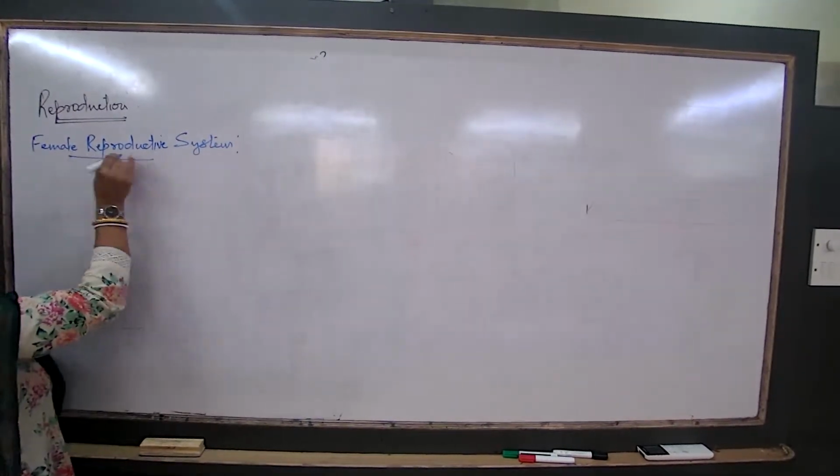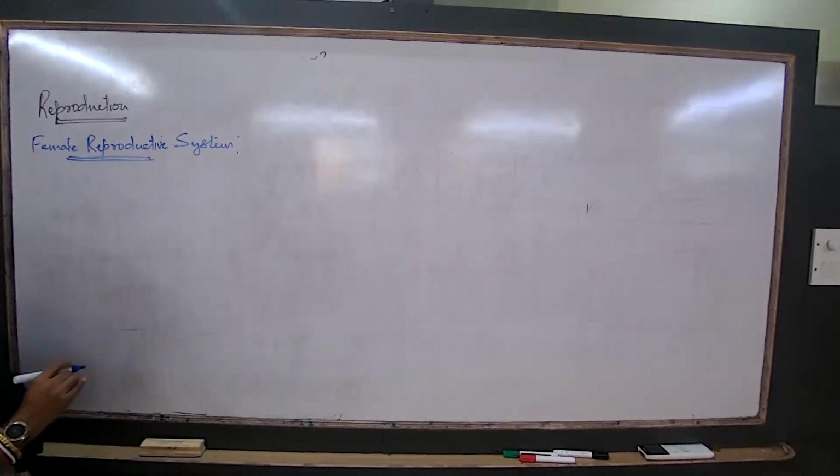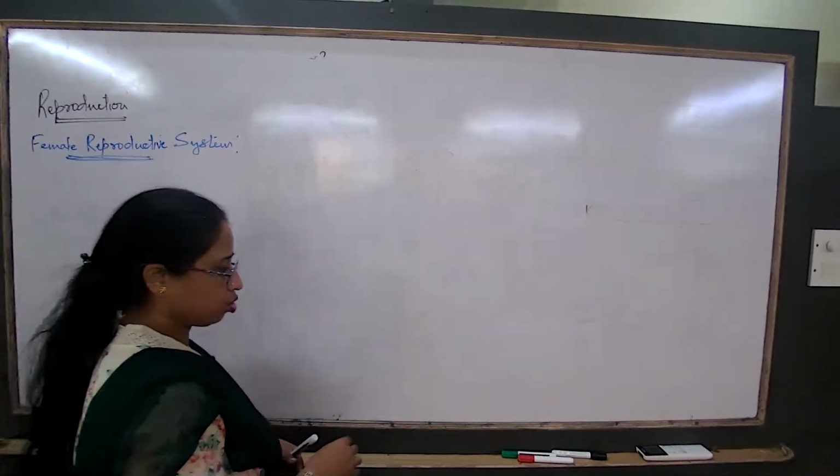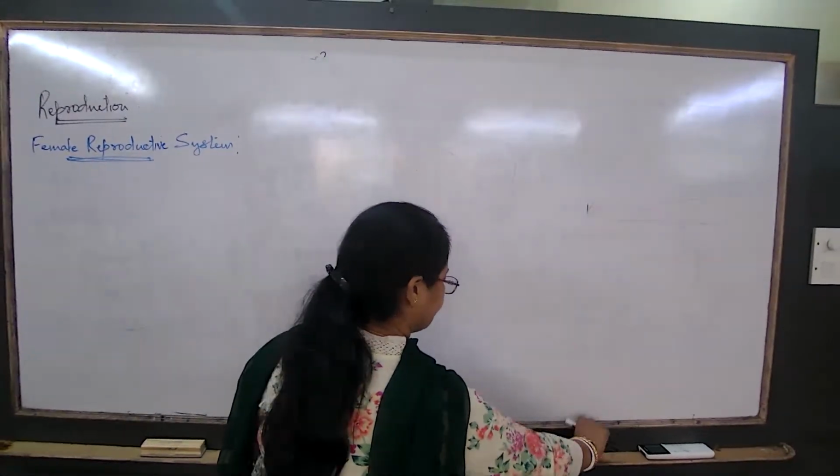Now, for the female reproductive system, you'll have to draw one diagram. All of you take out your pencils. You need to draw one diagram.